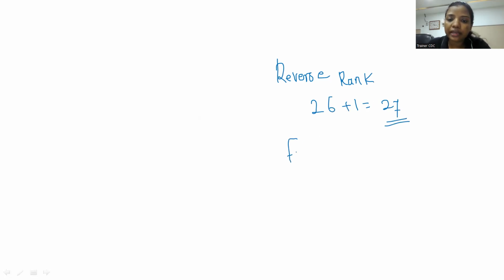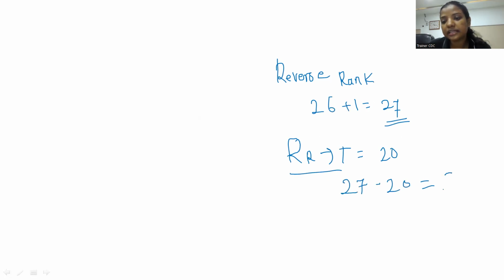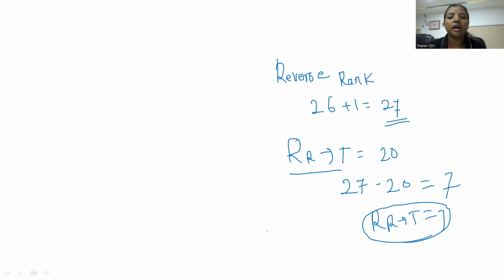Now, if I want to find the reverse rank of any letter, let's take T. I know that the forward rank for T is 20, right? So for finding the reverse rank, I will subtract the forward rank from 27. So it is 7. Correct. So the reverse rank of T is 7. You can count. So this is how we can find out reverse rank.